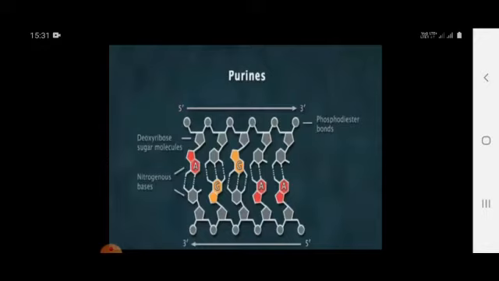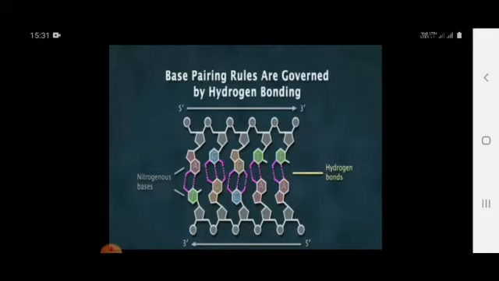It has purines, A and G, adenine and guanine, which have 2 rings, and cytosine and thymine are called pyrimidines, which have only a single ring. And adenine and thymine, and guanine and cytosine, are attached together by the help of hydrogen bonds.